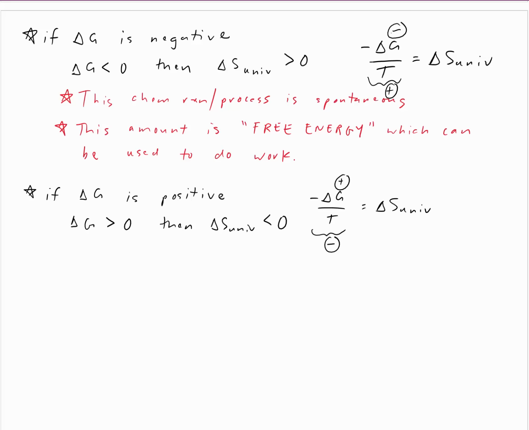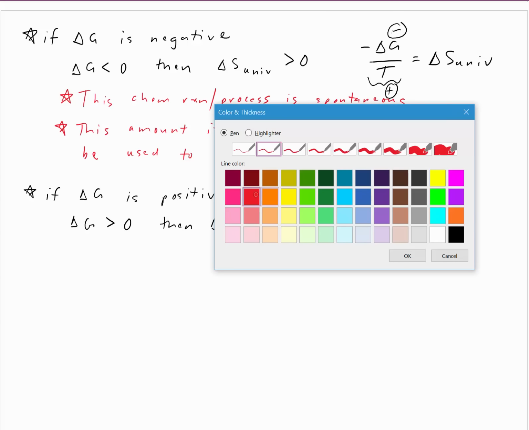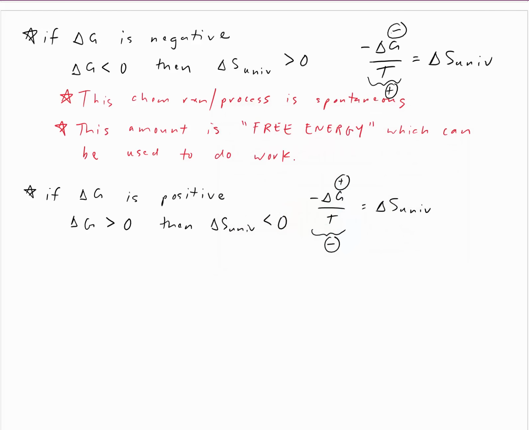If you ever get a positive delta G, then that process is going to be non-spontaneous. So this chemical reaction or process is non-spontaneous.